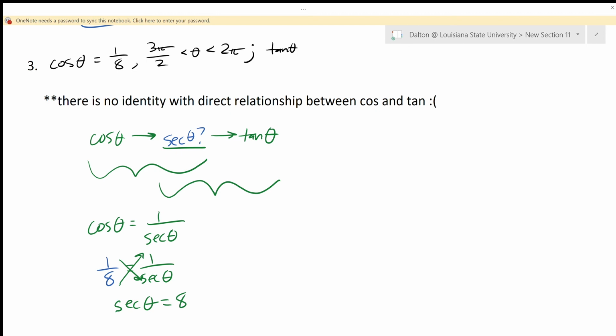Okay, now what identity relates secant to tangent? Zach, you said it earlier. Okay, so then let's substitute what we know. Tangent squared theta, plus 1 equals secant squared theta.